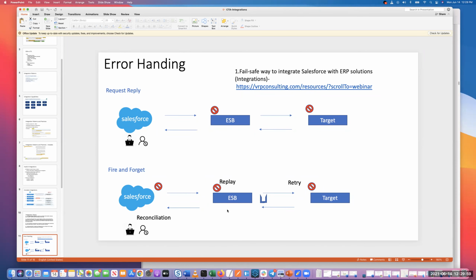For example, if you do outbound message, that retry burden is on Salesforce, but you're going to say that since I'm using platform event, I want to make sure that the ESP does a guaranteed delivery after it receives a message, end to end. So maybe you can talk about a few things.